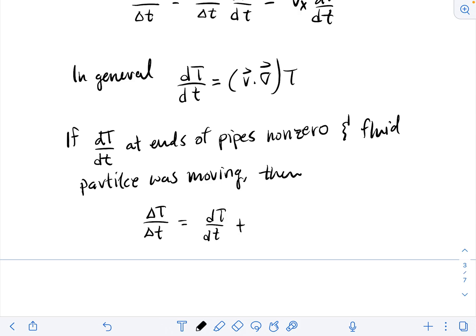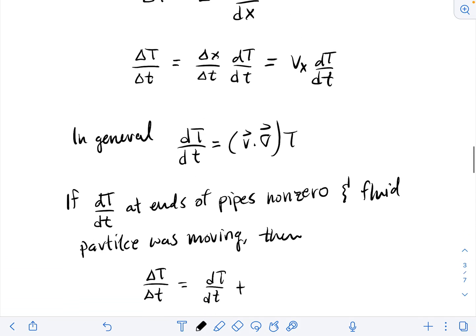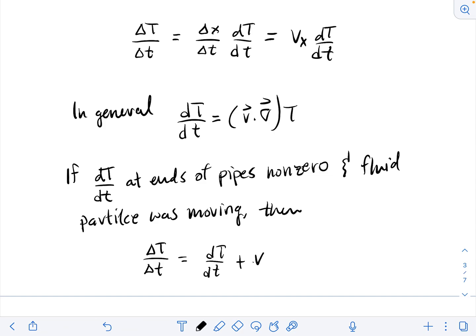And then we would have Vx times the temperature gradient. Well, okay, so this would be at the initial position of the fluid.